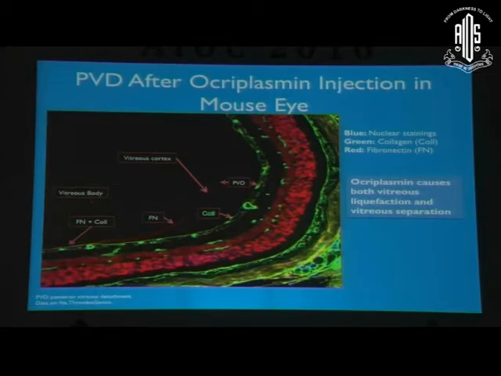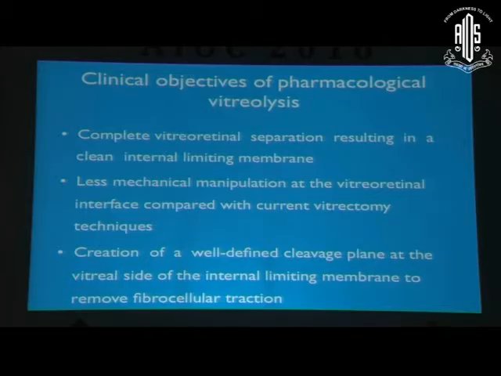Then we have ocriplasmin now, as you can see in this mouse model, where this ocriplasmin acts. It also induces the separation not just of vitreous liquefaction, it also separates out the hyaloid from the retina. So this is a very good feature of ocriplasmin, that it acts at both levels. So the clinical objective of pharmacologic vitreolysis should be that there should be vitreoretinal separation, there should be less mechanical manipulation.